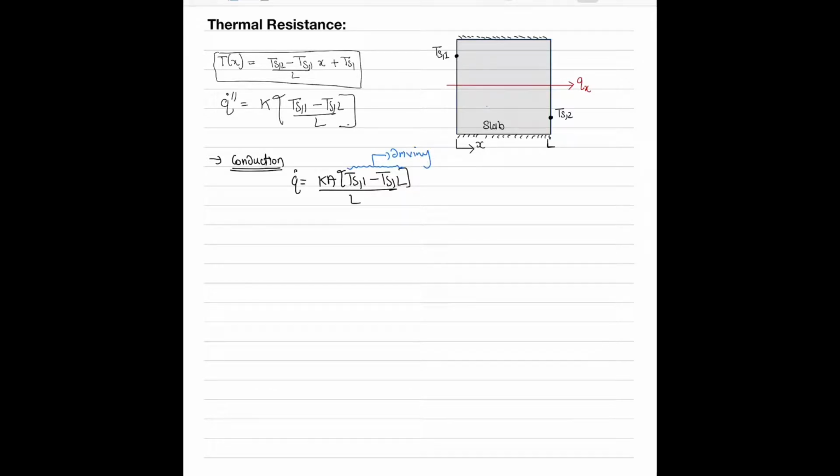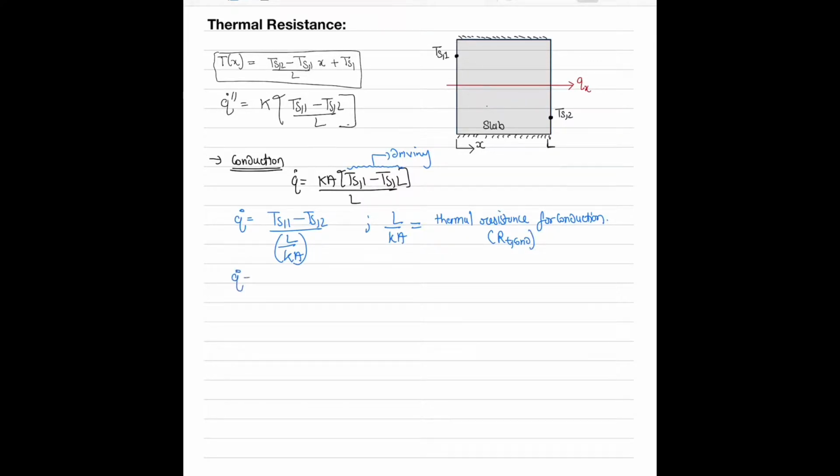Driving force for heat flux. So we can rearrange this equation as Q double dot equal to Ts1 minus Ts2 divided by L by Ka, where L by Ka is known as thermal resistance for conduction, and it's denoted by R, thermal resistance for conduction.